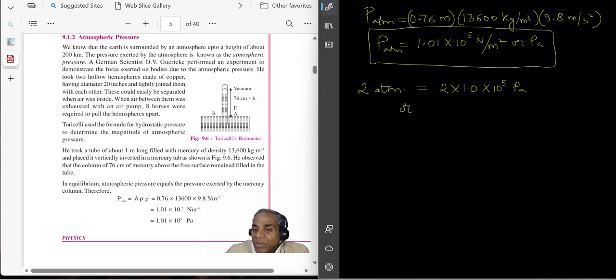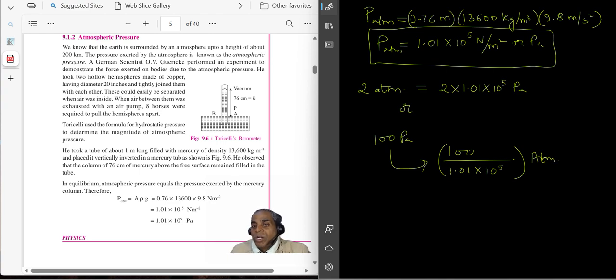Or otherwise, if someone says pressure at a point is, let us say, 100 pascals, just an example, then in atmospheres, if you want to convert it, you need to divide it by this multiplying factor, to get these many atmospheres. So got it?